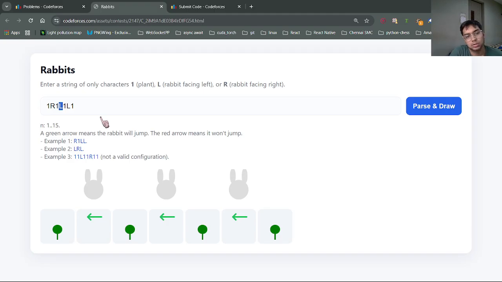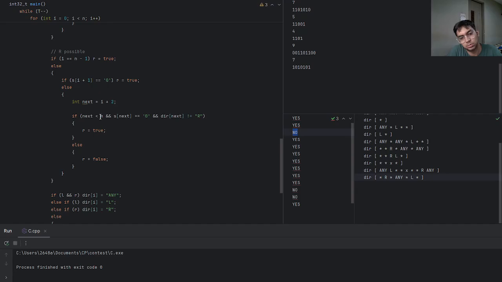R is, I mean, how can you even check this, right? This is stupidity. You can't do that, right?